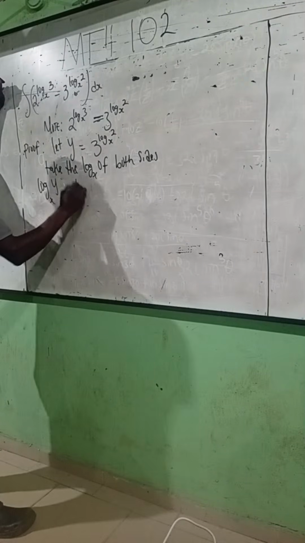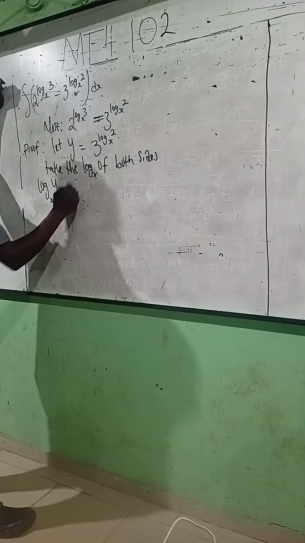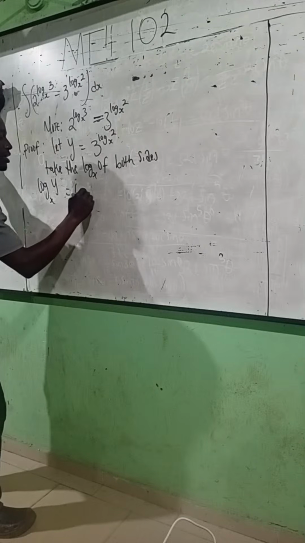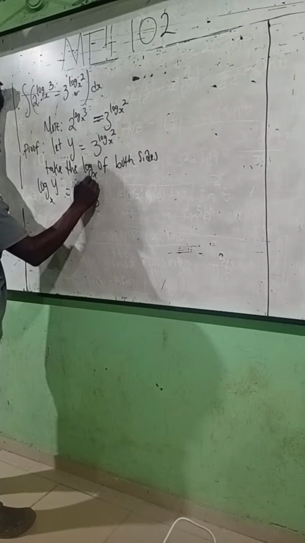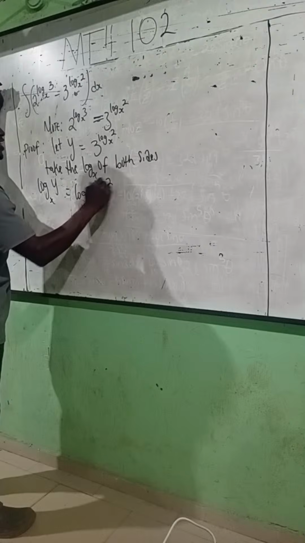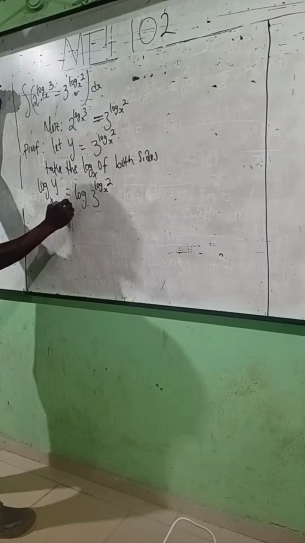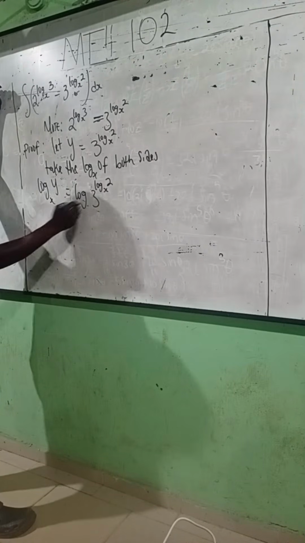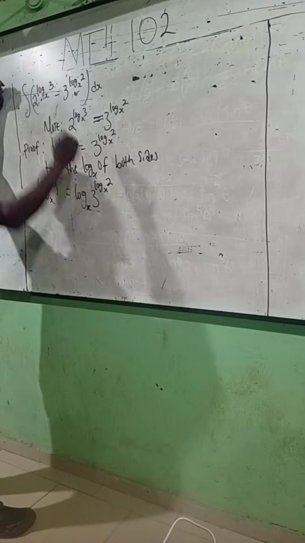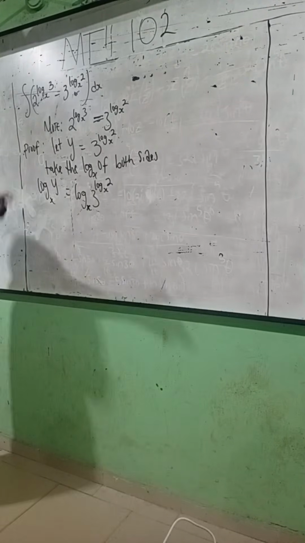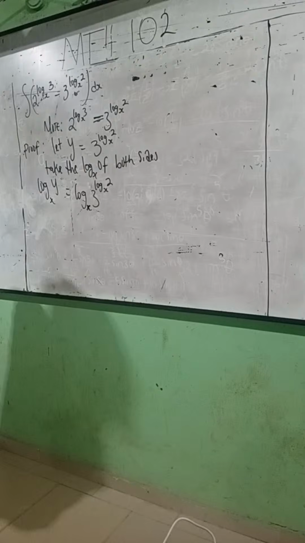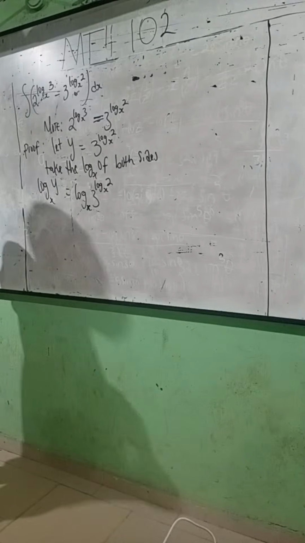Equals to what? Log of 3 raised to the power log 2 base x, for this guy, right? So it's 3 log base x 2 minus 2 log.